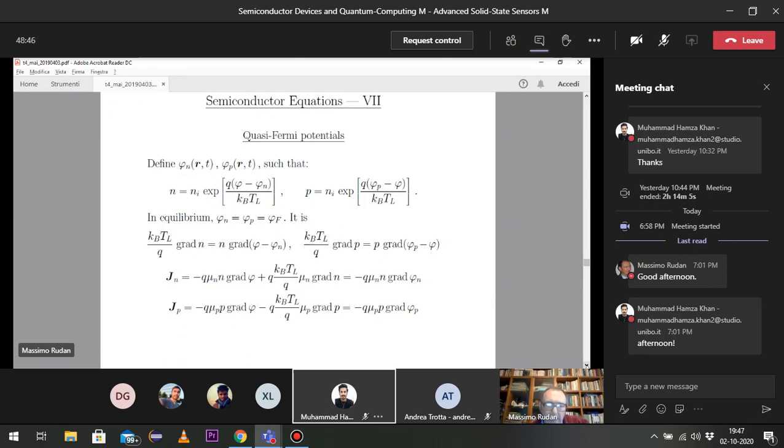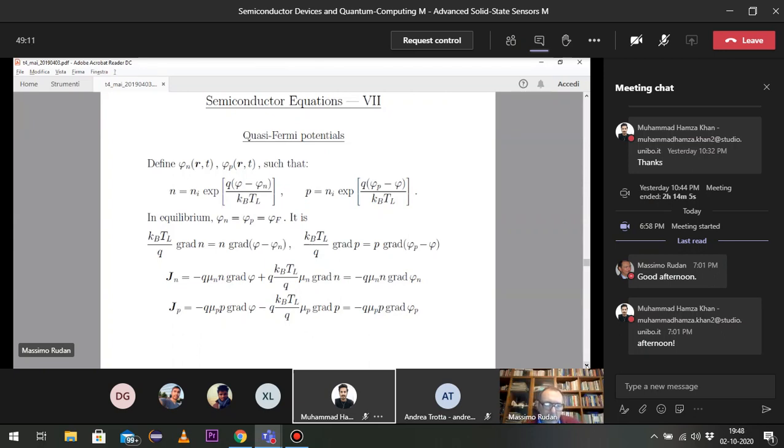Why are these two new unknowns useful? Well, take the expression of n and take the gradient of it, okay? So the gradient of n, since n is an exponential, is equal to n itself times the gradient of the exponent.